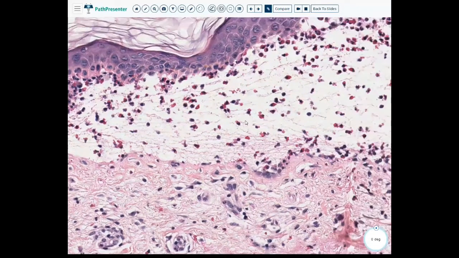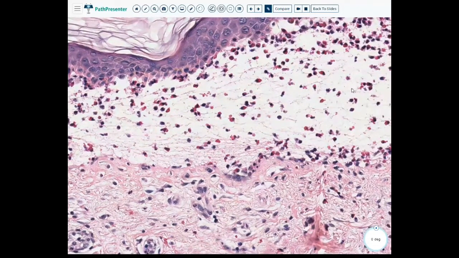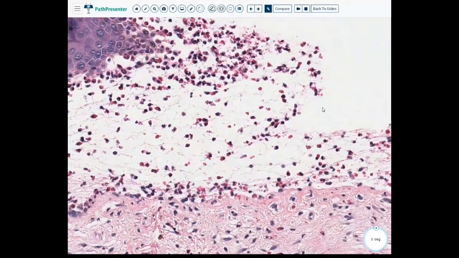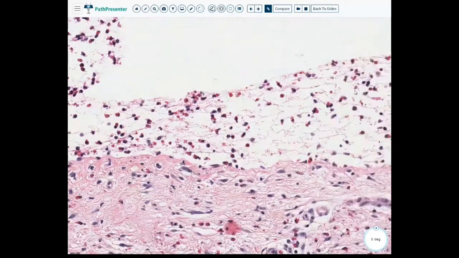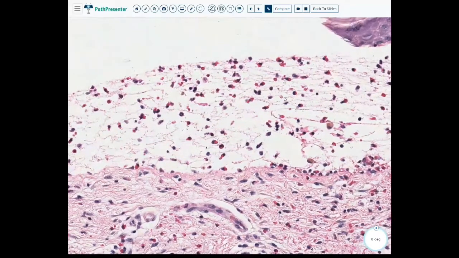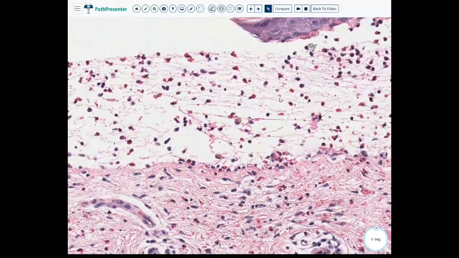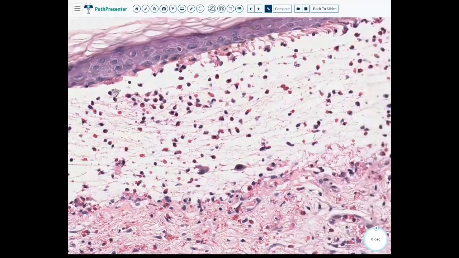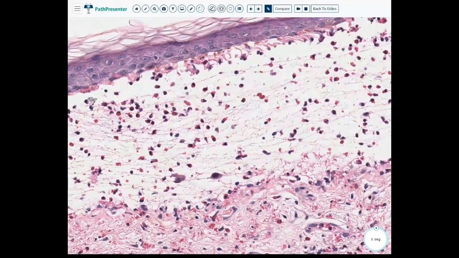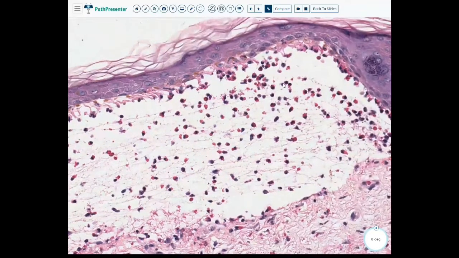So these are eosinophils. Lots and lots of eosinophils. And we can see that the complete epidermal layer is lifted up. So you can imagine that if you did your IF, your IgG would light up here. Okay. This is an example of bullous pemphigoid.